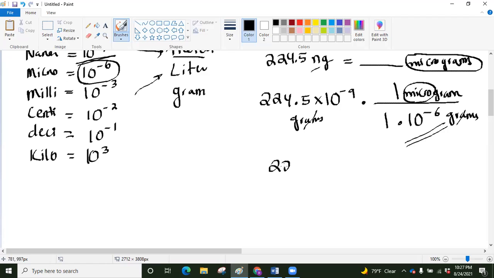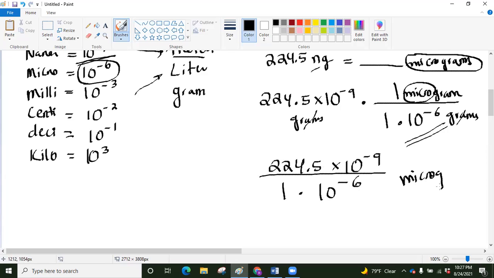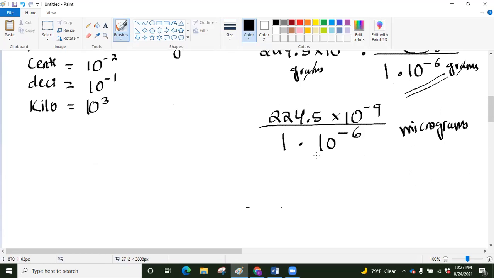And now what you have is 224.5 times 10 to the -9 over 1 times 10 to the -6. And of course, this unit is entirely in micrograms since our grams essentially canceled out. And now all you have to do is take care of the exponent.